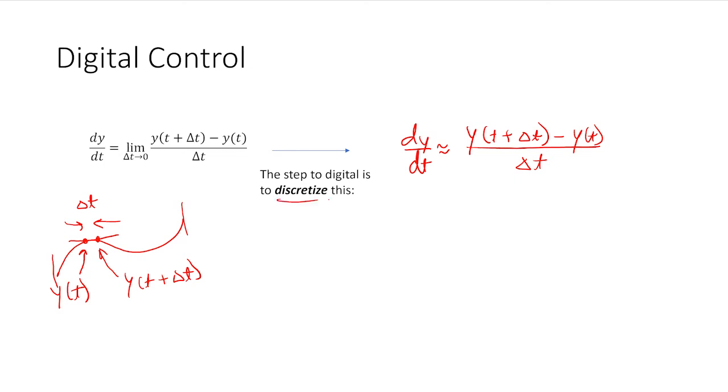And sometimes I say this is discretized, because the word discrete means that I have finite steps that I can take. So what I've done is I have taken y of t and I have discretized it.